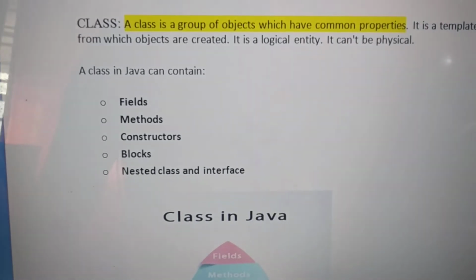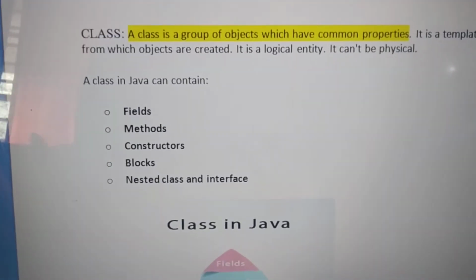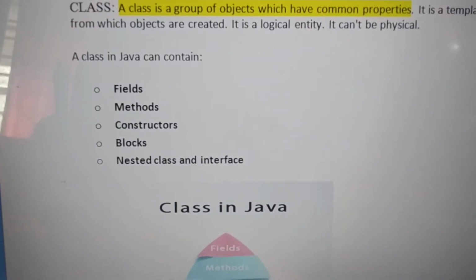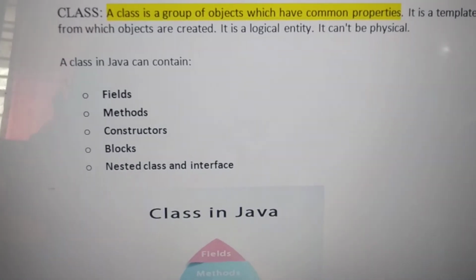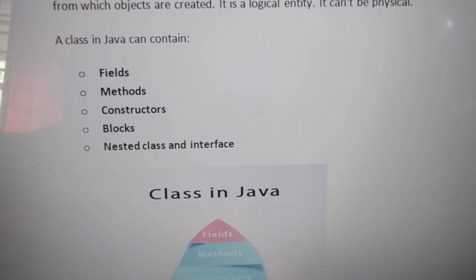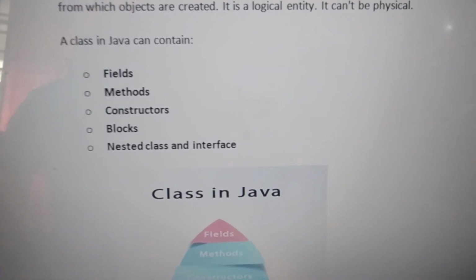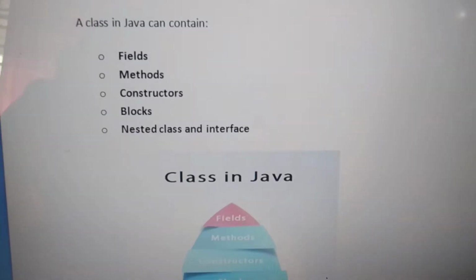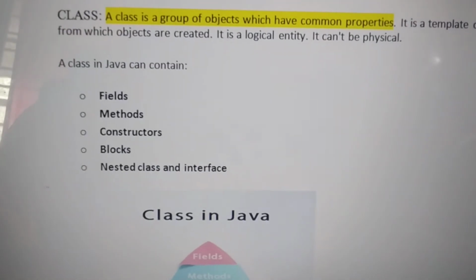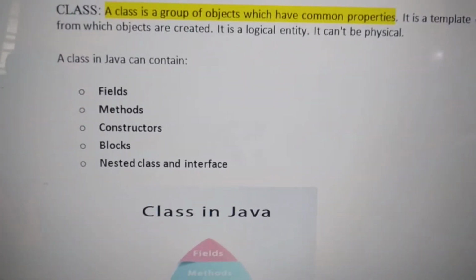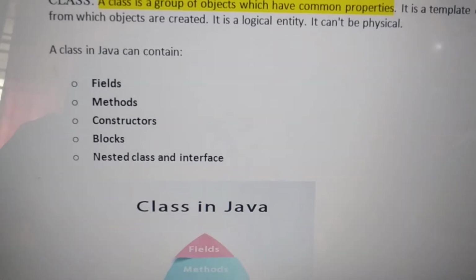Block. What do you mean by block? As we had written a program yesterday, we wrote public static void main, then we opened the curly brace, and at the end we closed it. Whatever is written within the brace is known as block. And the last one is nested class and interface.